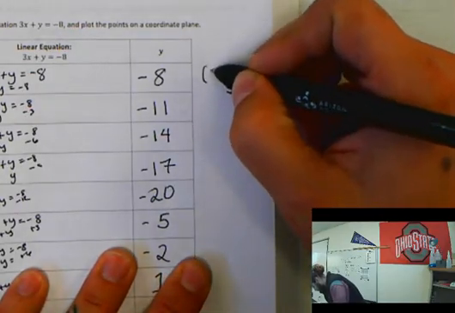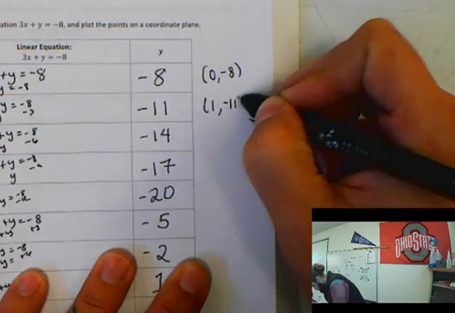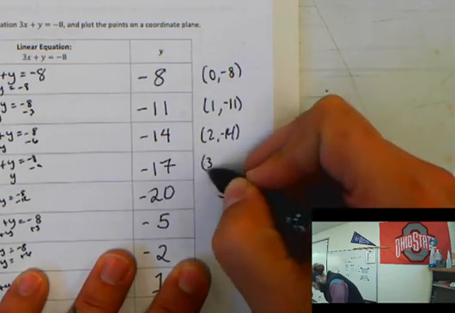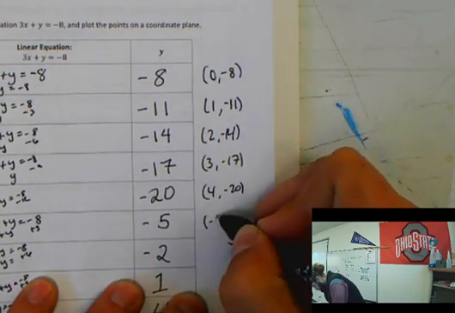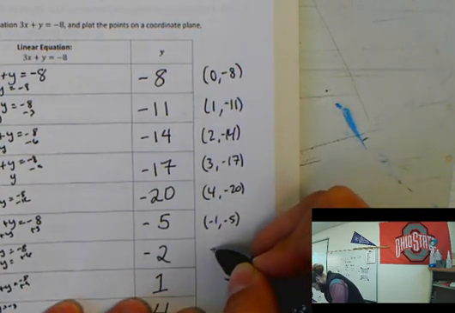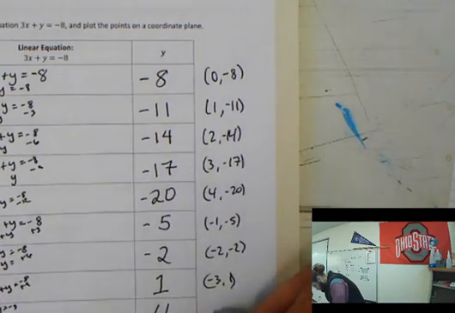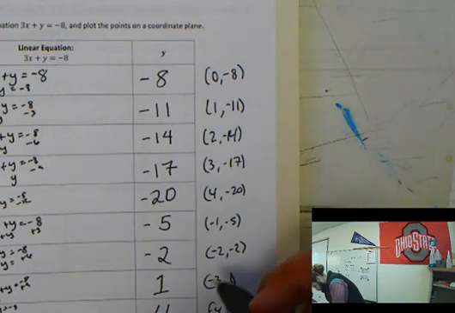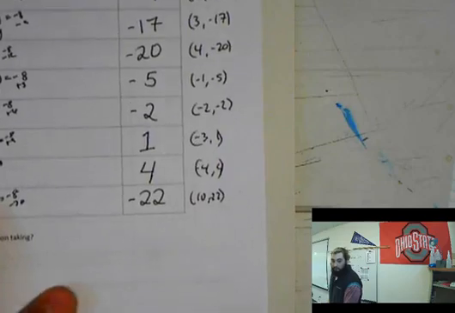So our x value is 0, our y value is negative 8; x value is 1, y value is negative 11; x value is 2, negative 14; 3, negative 17; 4, negative 20; negative 1, negative 5; negative 2, negative 2; negative 3, 1; negative 4, 4; and 10, negative 22.